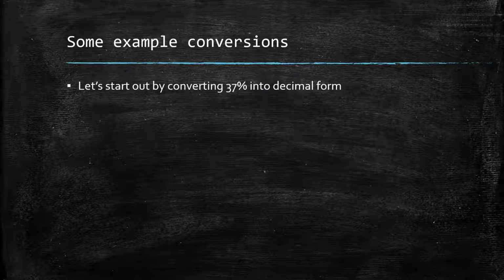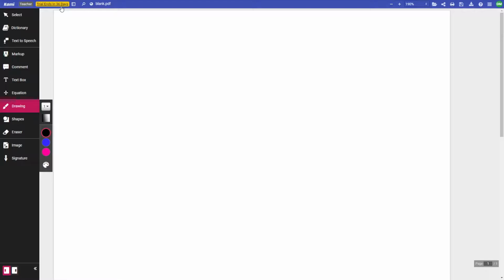So first one, let's start out by converting 37% into a decimal. So let's start it here. We've got 37%. And we're going to think about this as a fraction with a denominator of 100, and the numerator of this fraction is going to be 37.